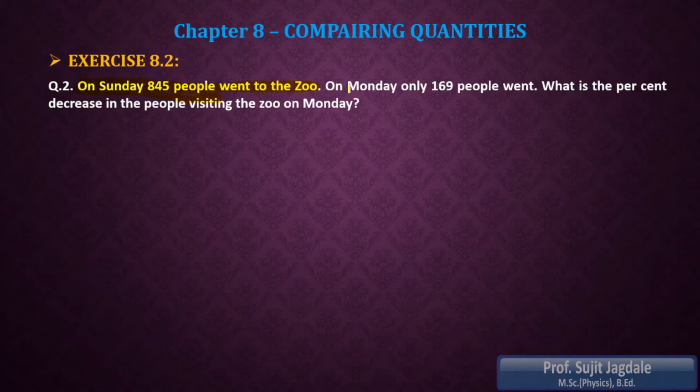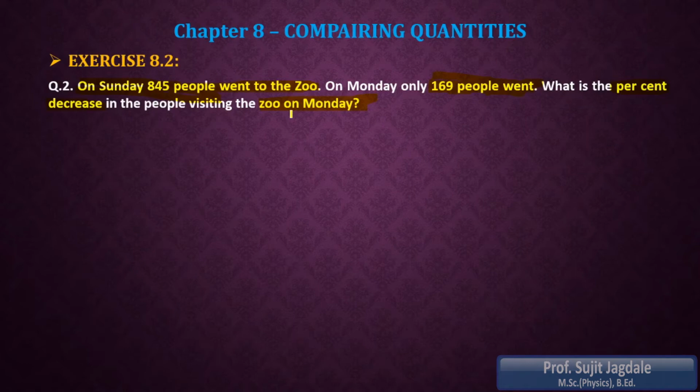Then on Monday, there is no holiday, so only 169 people went to that zoo. So here we have to calculate the percentage decrease. What is the percent decrease in the people visiting that zoo on Monday?